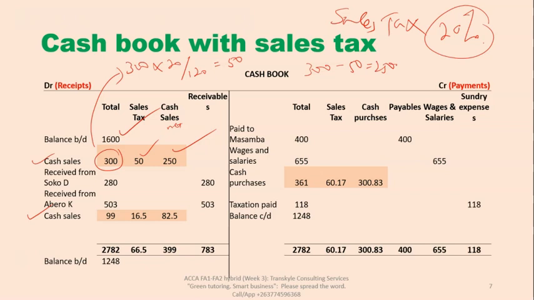So the cash book, like I said, only records transactions where cash was in movement. The cash book is not for credit transactions, but it might be for credit transactions when cash starts to move. If cash starts to move, then those credit transactions will become cash transactions.